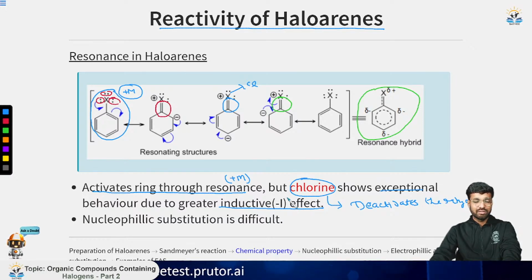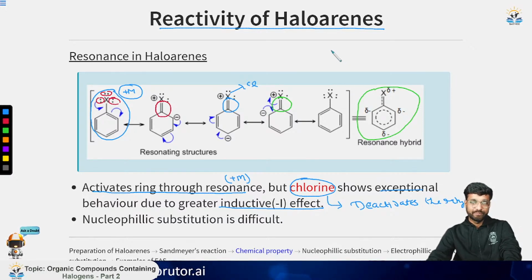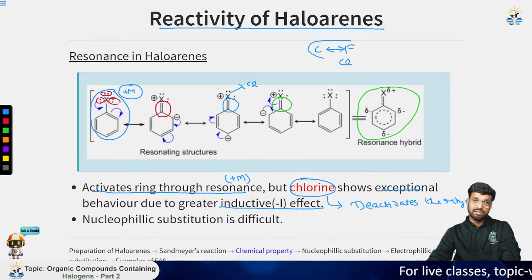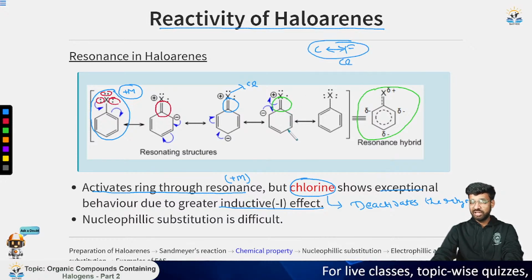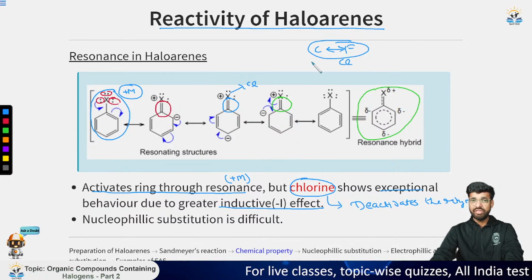Why? Because if you consider the periodic table, this is carbon, this is fluorine, and you can see that fluorine and carbon are in the same period. So their outer shells are at the same energy level. You know very well that across a period the shell remains the same.